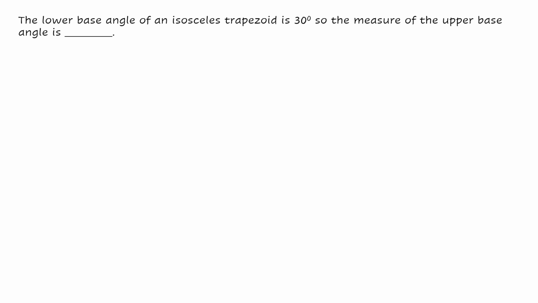Question number 1. The lower base angle of an isosceles trapezoid is 30 degrees. So, the measure of the upper base angle is blank. Now, remember that for an isosceles trapezoid, the non-parallel sides are congruent.